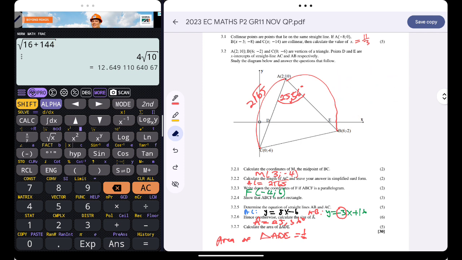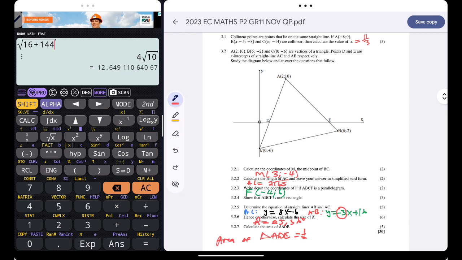Okay, but it's the same logic. All I need to do is to find the length of AD and the length of, no, I don't have to. There are many ways of finding this area. I can use the area rule, or I can simply take half base times height.